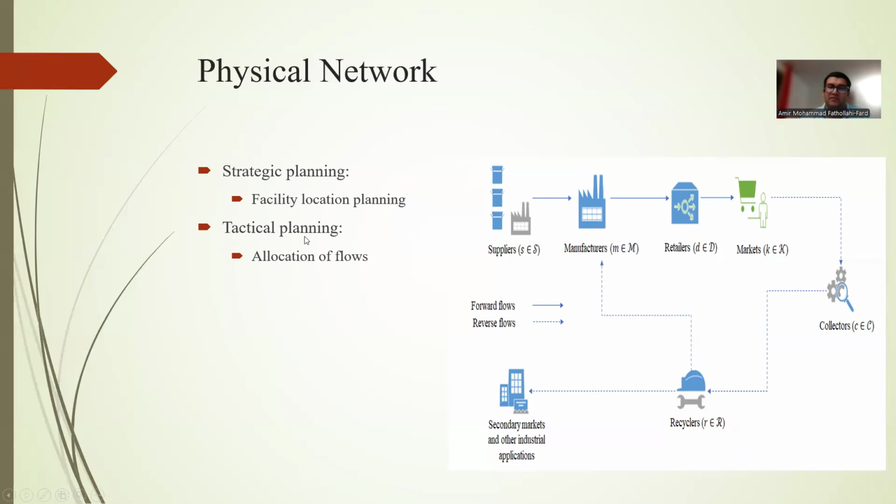In tactical planning, we compute the allocation of flows for materials, tire products, scrap tires and waste, and recycled tires between the facilities, to define the right amount of allocation between the facilities in different echelons.